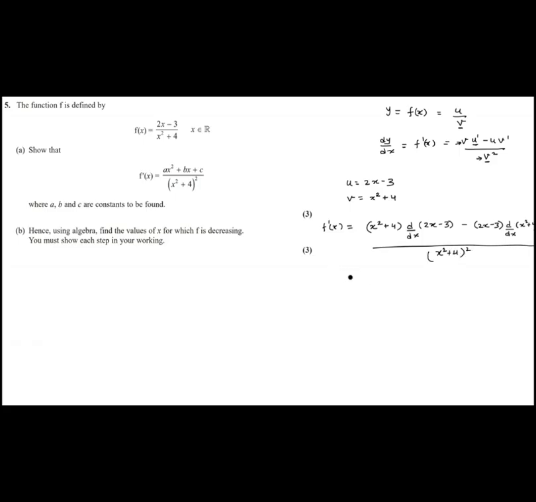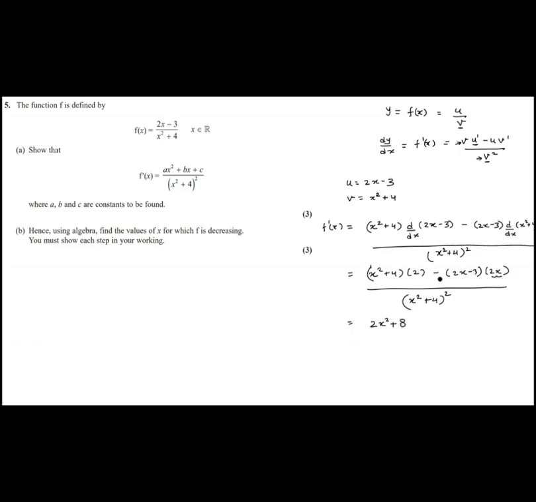Okay, now let's differentiate. You have x squared plus 4, and the derivative of 2x minus 3 is just 2, minus (2x minus 3), and the derivative of x squared plus 4 is 2x, over (x squared plus 4) whole squared. Now we have to expand and simplify. We multiply 2 inside x squared plus 4, so it becomes 2x squared plus 8.